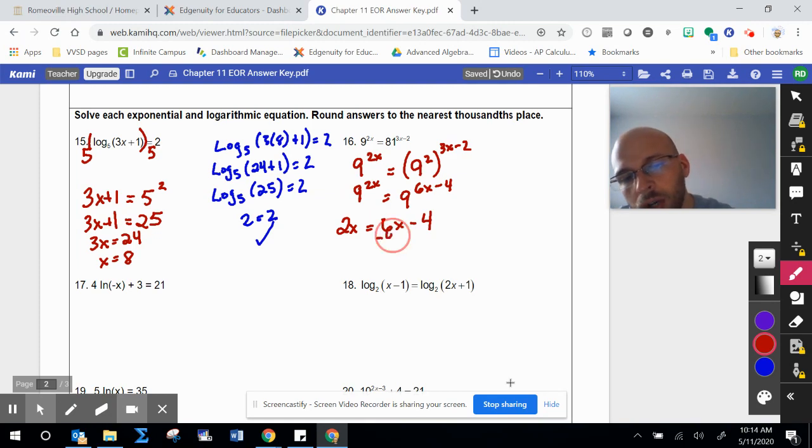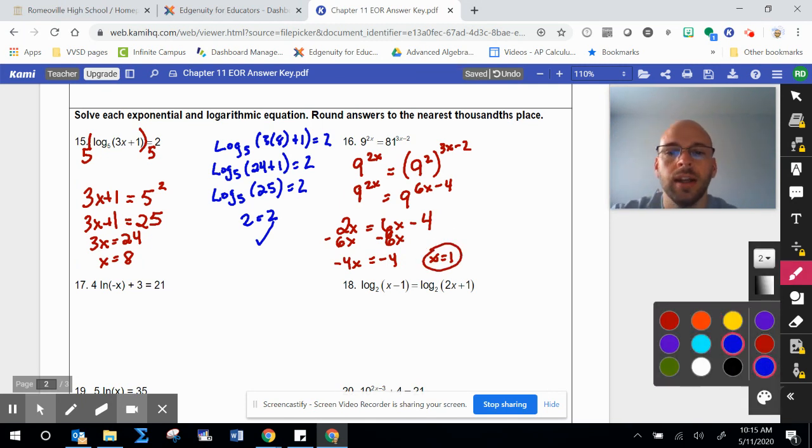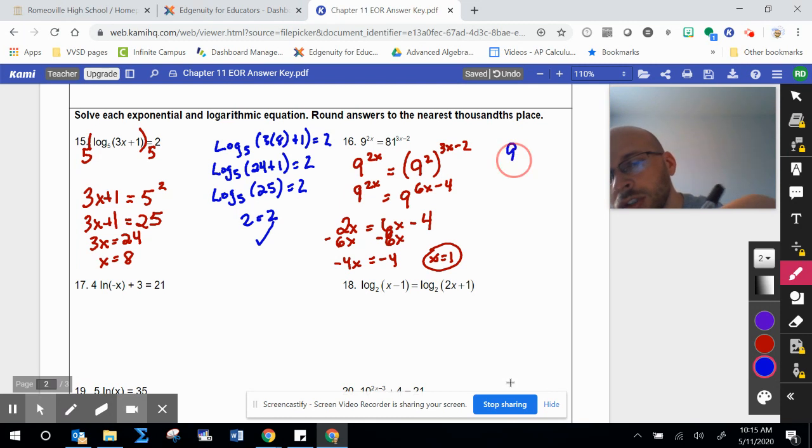So I'm going to subtract the 6x, and I get negative 4x equals negative 4. If you divide by negative 4, I get x to be 1. But I want to check that and make sure it works. So 9 to the 2 times 1 is equal to 81 to the 3 times 1 minus 2.